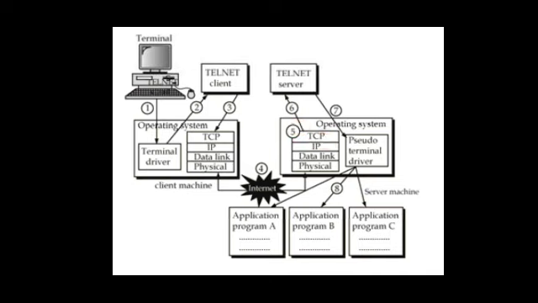Let us see how this is done. First, you can see this is a systematic approach of explanation of telnet. Here there are 1 2 3 4 5 6 7 8 steps, so that means what will happen in each step: first this step, second this, third this, in that way.